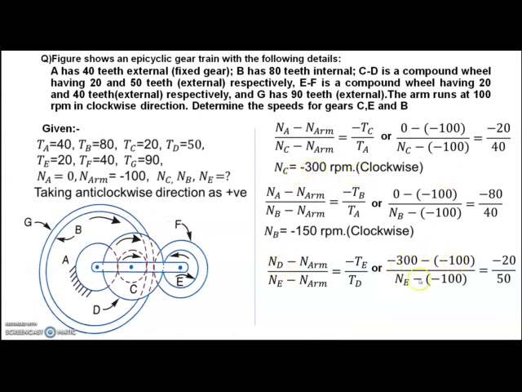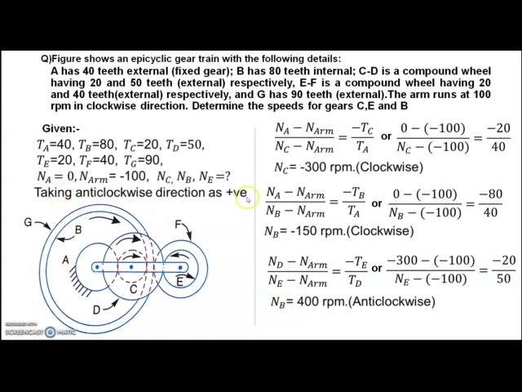Arm is minus 100, NE we have to find out, and TE is 20 and TD is 50. That's it. By simple cross multiplication, we found the speed of E 400 rpm anti-clockwise because it is showing positive direction.